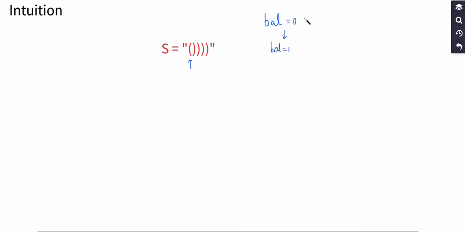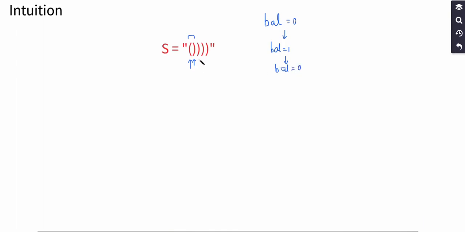The definition of balance is the number of opening brackets minus the number of closing brackets. So here we encounter an opening bracket, so balance becomes 1. Then for the next character we encounter a closing bracket, and therefore the balance becomes 0, because in this prefix the number of opening parenthesis minus the number of closing parenthesis is 0.